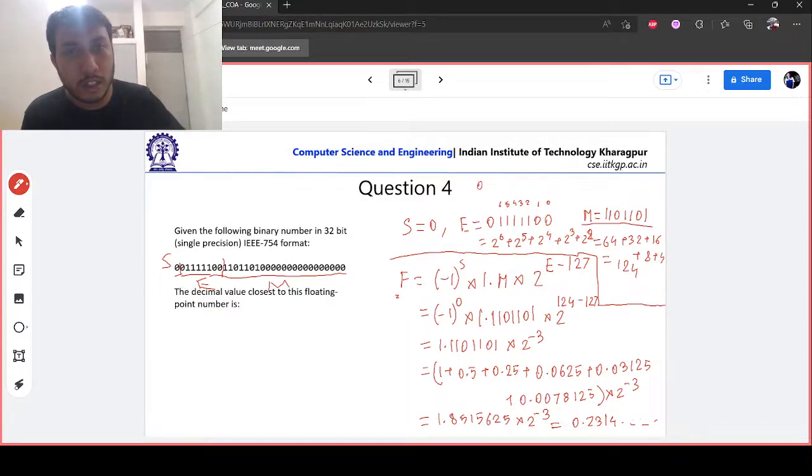If it is 0.11001, what we'll do is 1 into 2 to the power of minus 1 plus 1 into 2 to the power of minus 2 plus 0 into 2 to the power of minus 3 plus 1 into 2 to the power of minus 4.